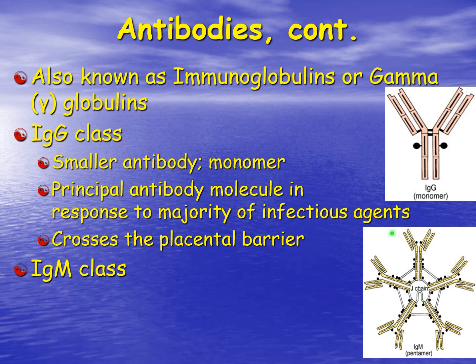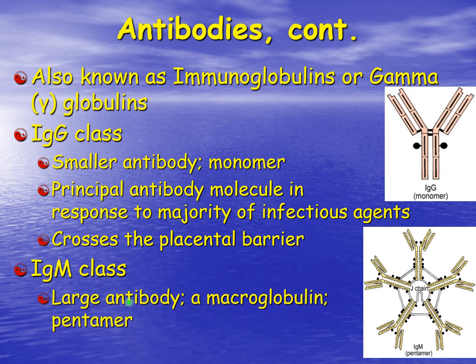Each one of these antigen binding fractions could potentially bind to an antigen, so this has 10 docking sites for antigens, and we call that the valence. So the IgM class has a valence of 10, while IgG only has a valence of 2. This is a large antibody.